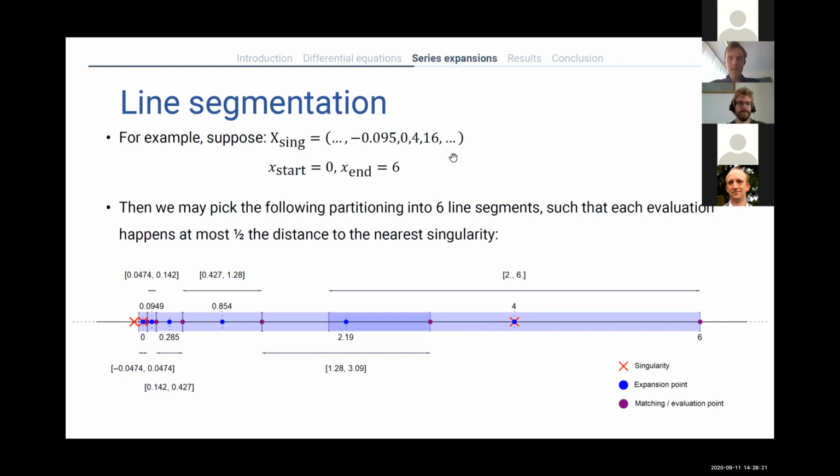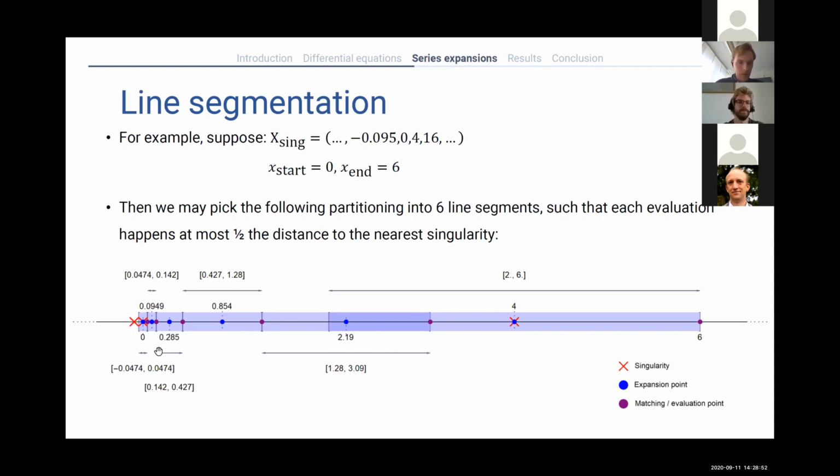Something that I haven't mentioned, but which is very important for this, is that your radius of convergence is of course determined by the distance to the nearest singularity. So if you're centering an expansion at 0, the radius of convergence will be basically limited by this singularity here. And if you're expanding around any regular point, then it's just the nearest singularity on the left or the right that determines your radius of convergence.